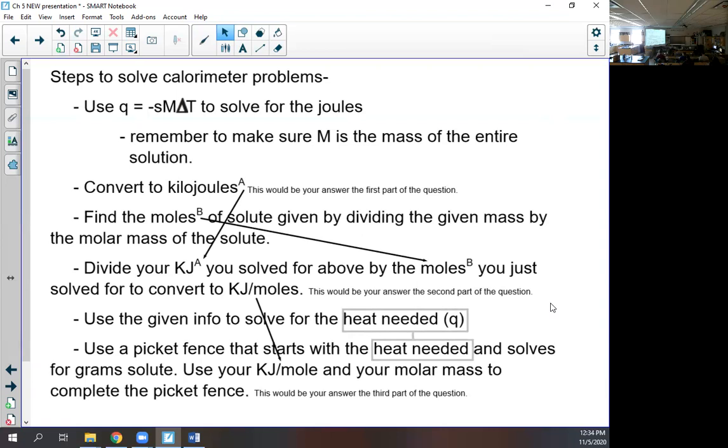These problems can be tricky, but they're a lot like what we've done before. If you just follow the steps in the right way, you can get them.